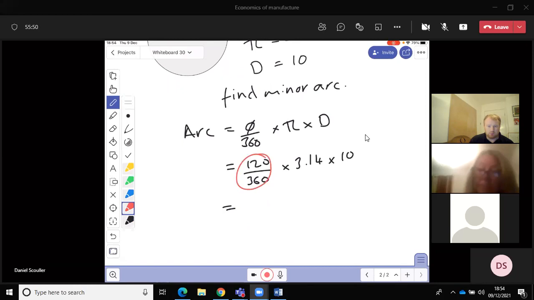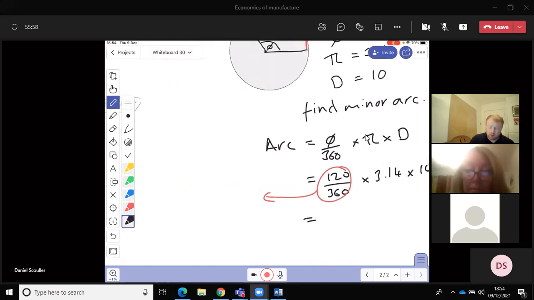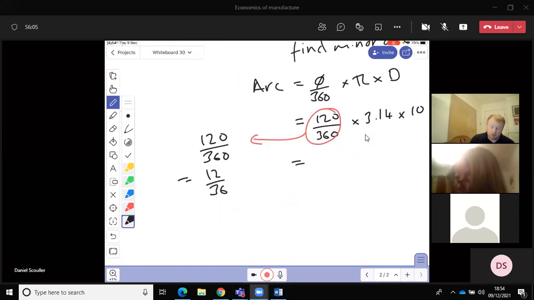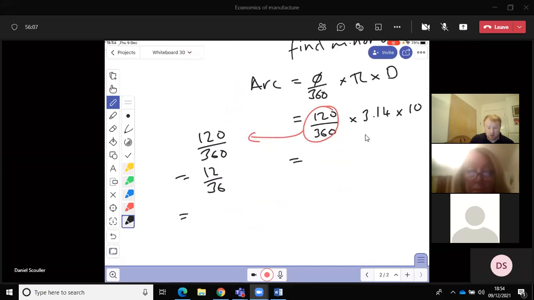Simplify that down. You can even take that over to one side and do it over here. 120 divided by 360 equals 12 over 36. Can I simplify that any further? Yep, 12 goes into that once, into that 3 times. So it's going to be 1/3.